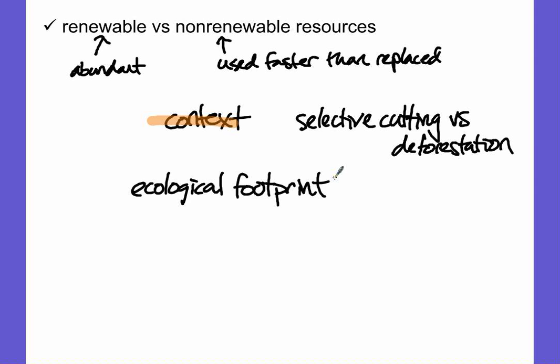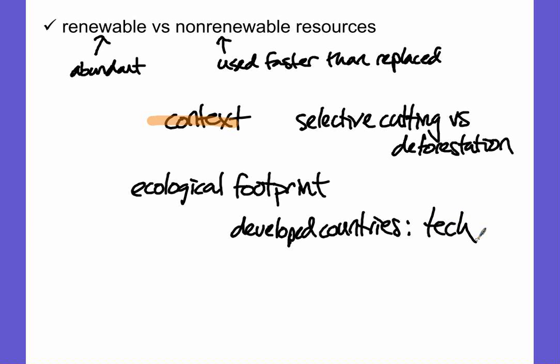So you have developed countries like our own. They're going to use lots and lots of technology, and that technology is great. It's increasing our carrying capacity. It's making it so we can live longer and we can live easier. But the more and more technology that's used, the faster and faster we use all those resources.